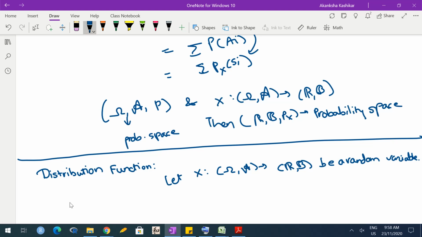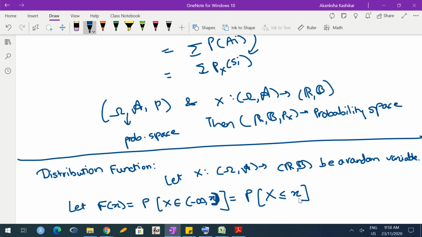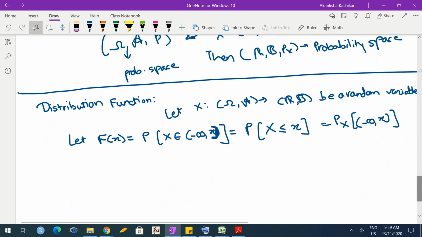Let capital FX be defined as probability of X belonging to minus infinity to small x closed, which is the same as probability of X being less than or equal to small x. This is nothing but PX of the interval minus infinity to x. Now we can write either in terms of PX or P because we know their relationship. So this is known as distribution function.